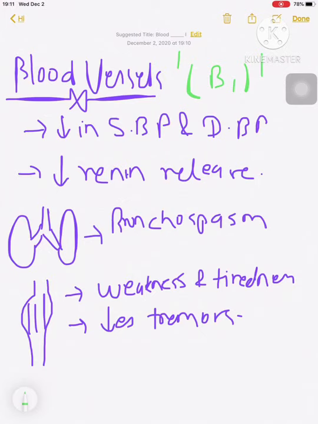But continued administration of beta blockers leads to a fall in total peripheral resistance, mainly in patients with hypertension, due to chronic reduction in cardiac output. In the long term, these beta blockers cause a chronic reduction in cardiac output, thus decreasing both systolic and diastolic blood pressure.